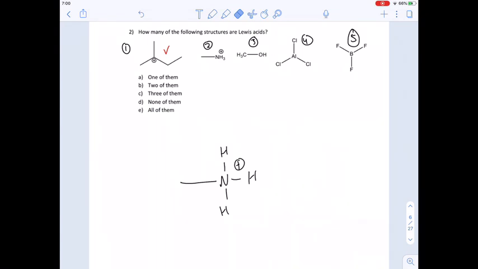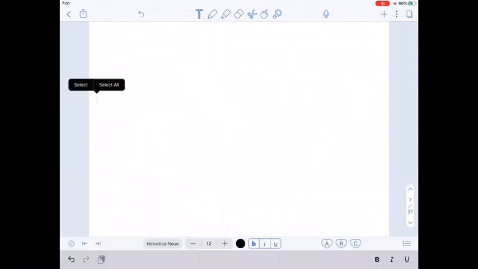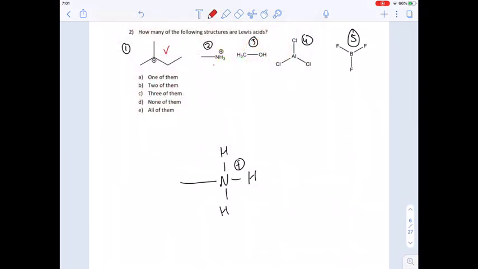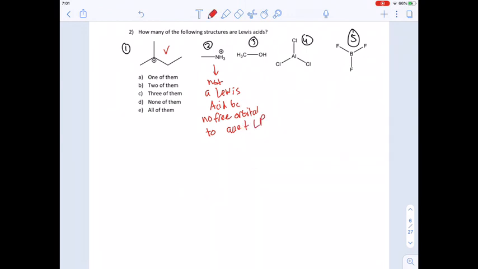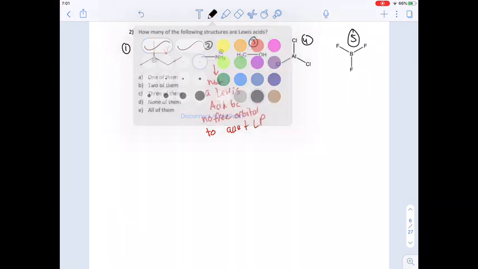Like that counts as something that it's bonded to, right? So because N can only have 8 electrons around it, whether it's in bonds or lone pairs, it can't accept any more electrons in this case. It would have to donate an H. So this one is actually not a Lewis acid, although it's very tempting to pick it as one of them. So not a Lewis acid because no free orbital to accept a lone pair.